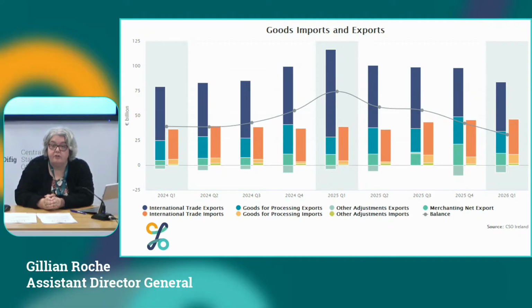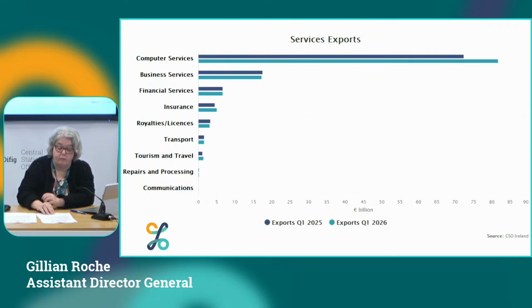So if we look at the different components, we see that year on year, that decline in the exports is driven by international trade. The navy bar has gone from that very high level in Q1 down to its current level for Q1 26. And then the quarter-on-quarter change, however, is driven more by decreases in merchanting and goods for processing, which are down 9.4 billion and 5.5 billion respectively.